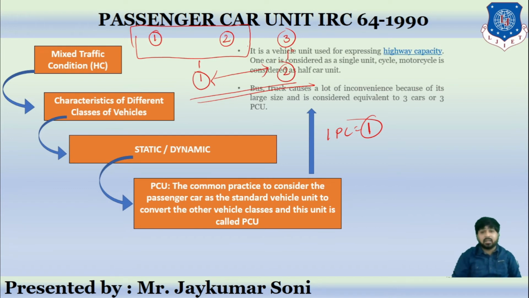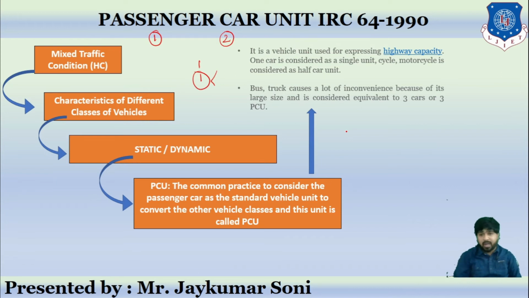This car is the vehicle used to express the highway capacity. If one car has the value of 1, how much PCU will there be for a bus? A bus consumes approximately 3 times the size of a car. So it will be 3.